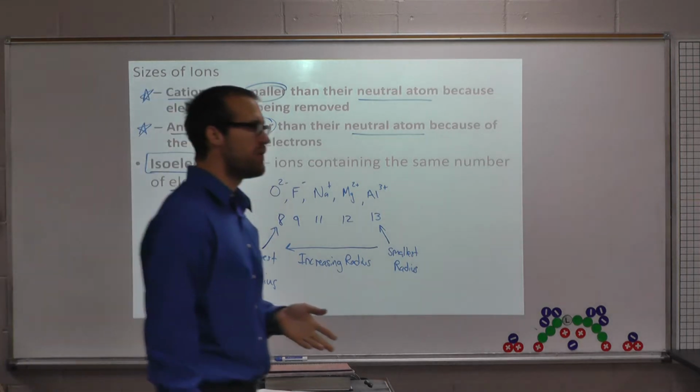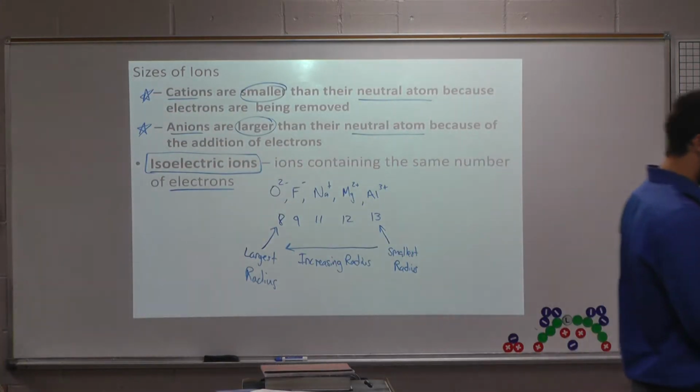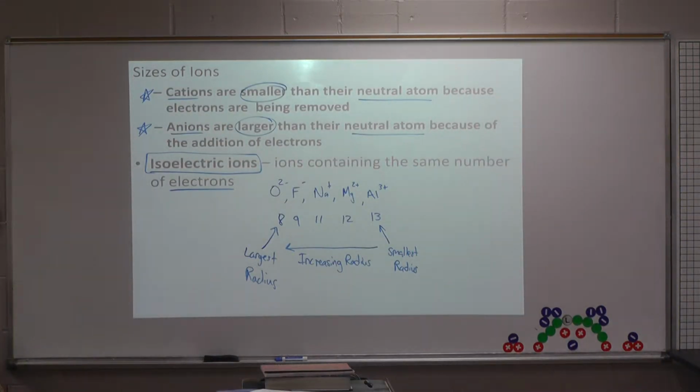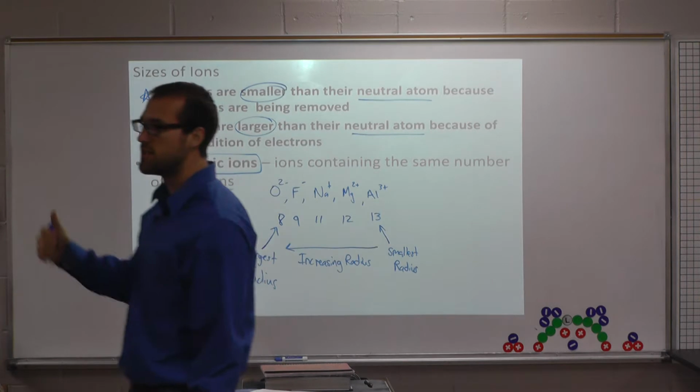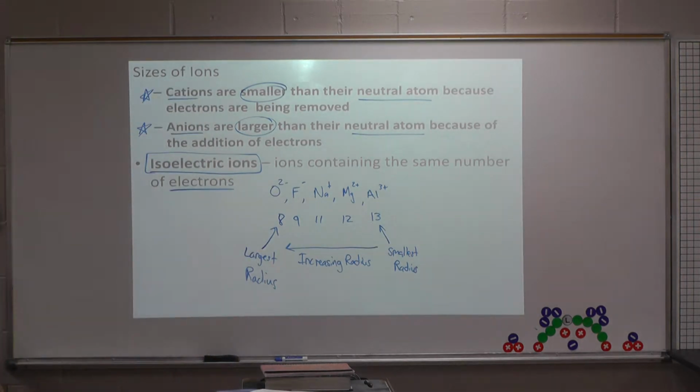Okay, so then you need to know about isoelectronic ions. Are they going to all have the same number of electrons? And I could do that with that group, and that group, and that group, and so forth. All the same number of electrons, but a different number of protons. So when you're trying to figure out radius, you're looking at the what? Protons.